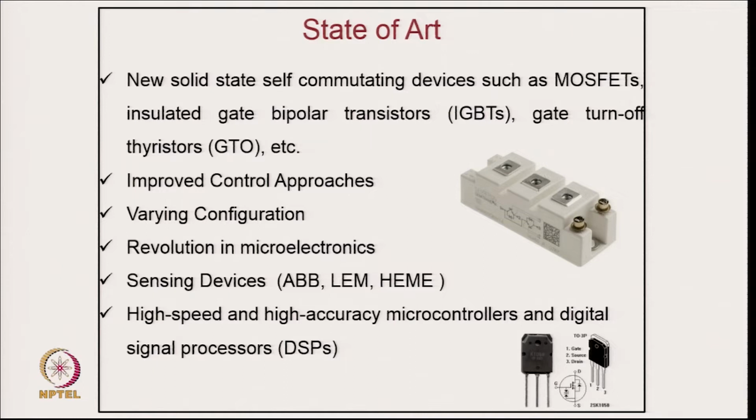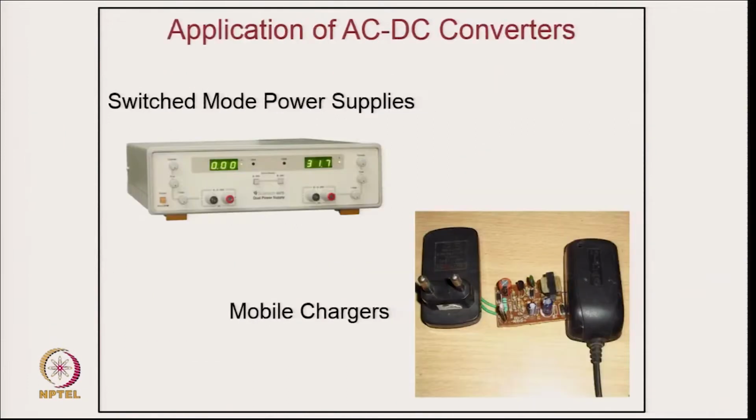We also have to use sensing devices like Hall effect current sensors and voltage sensors, which are manufactured by many makers like ABB, LEM and others, and of course, we use high speed and high accuracy microcontrollers and digital signal processors for implementing the control of these converters.